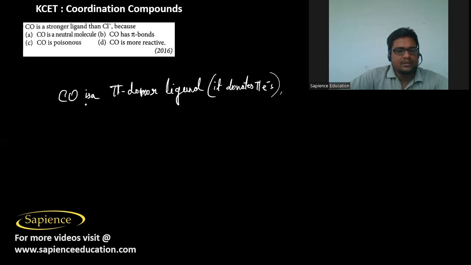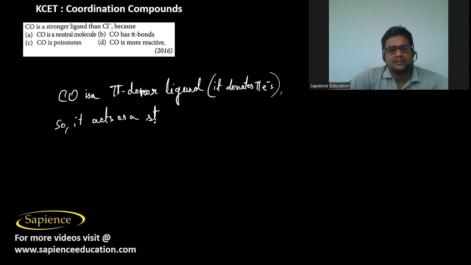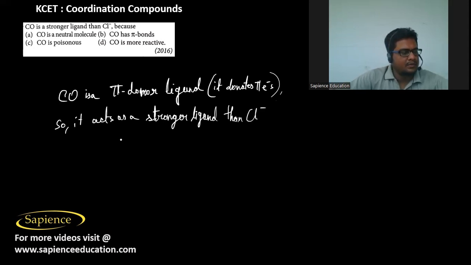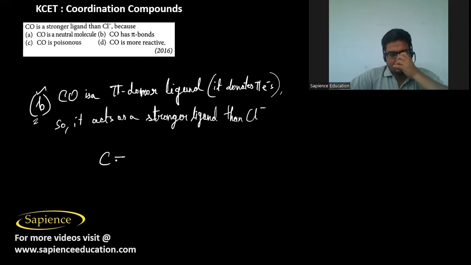So it acts as a stronger ligand than the chloride. So option B is the correct answer. Since as you know, CO has got pi bonds. It has got two pi bonds.